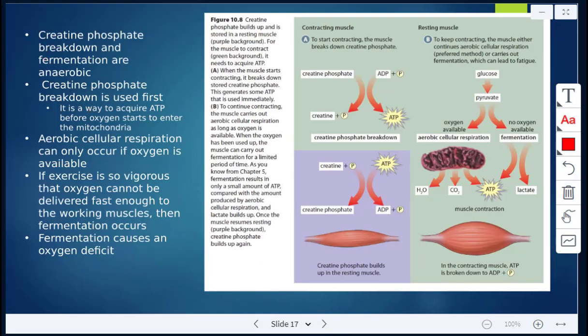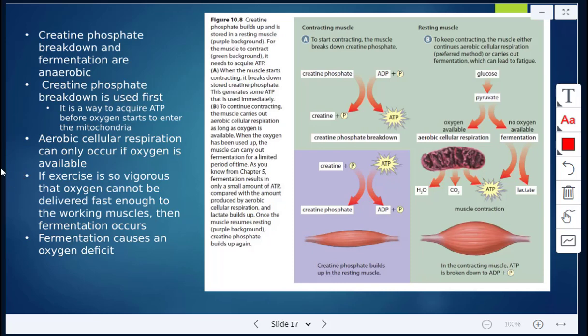Creatine phosphate breakdown as well as fermentation are both anaerobic, so oxygen is not present. Creatine phosphate breakdown is used first. It's a way to acquire ATP before oxygen starts to enter the mitochondria. Aerobic cellular respiration can only occur if oxygen is available.